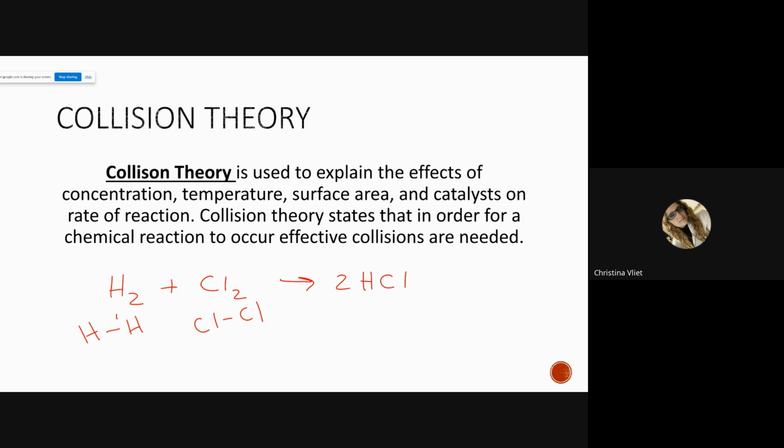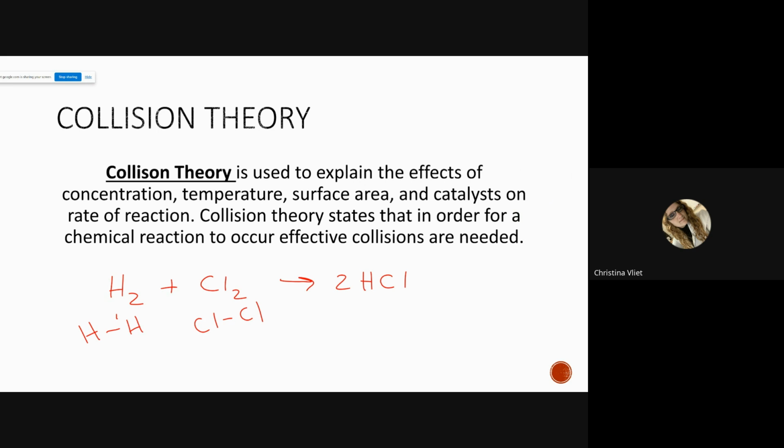So in gas phase, molecules will eventually collide into each other. And if they collide with enough energy and in the correct orientation, then a chemical reaction will occur.